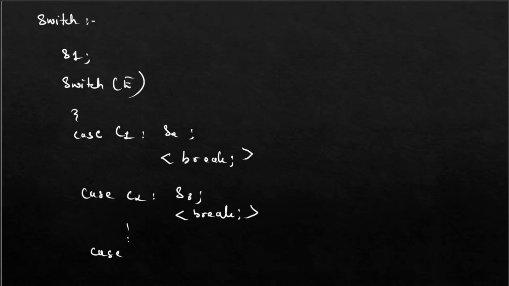Like this it continues up to case Cn: Sn plus 1 and break. After that a default can also be there: default, Sn plus 2, break. So like this it will be, a simple structure.